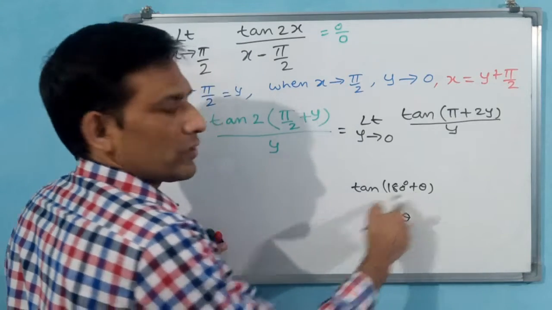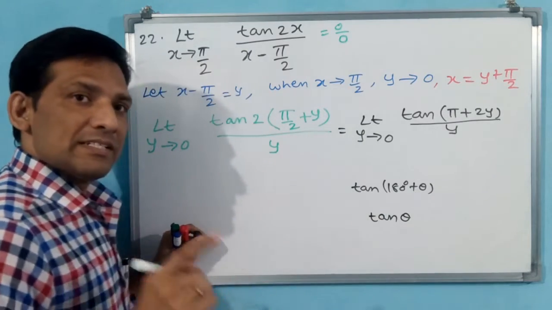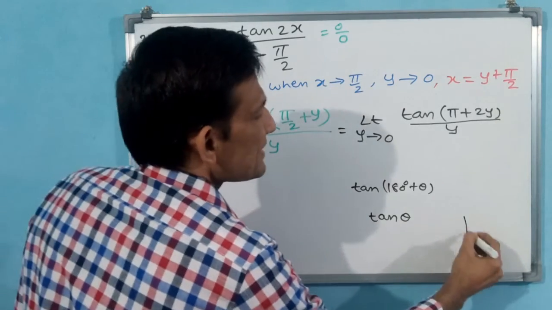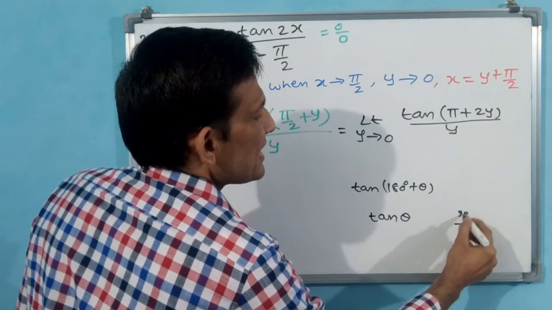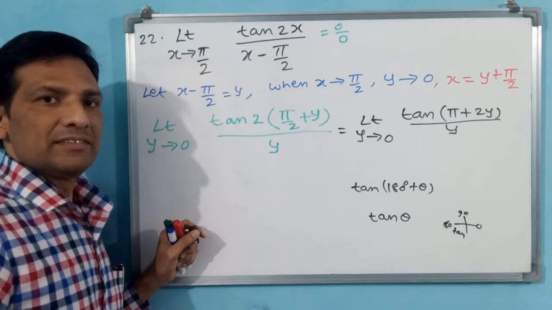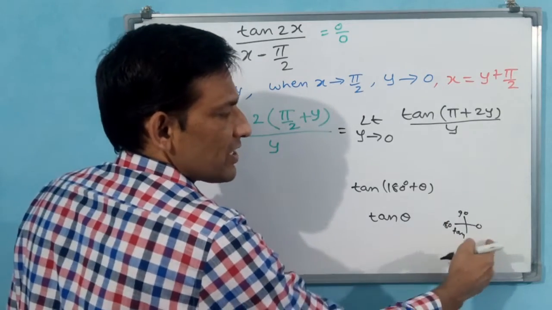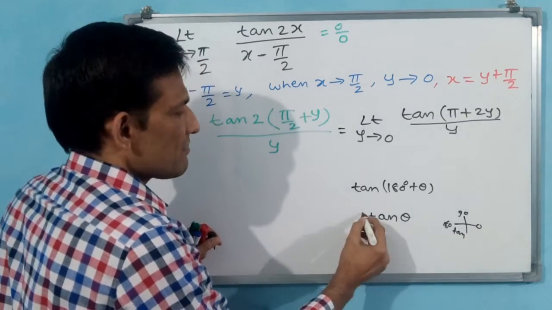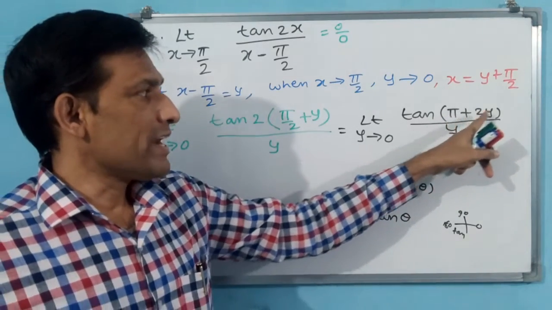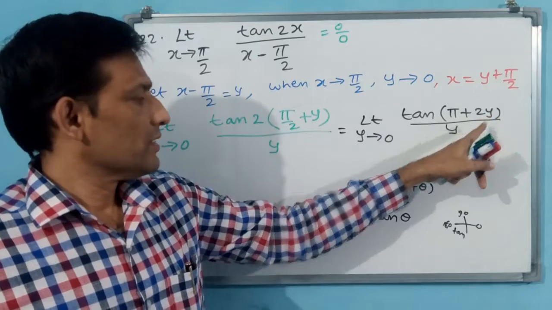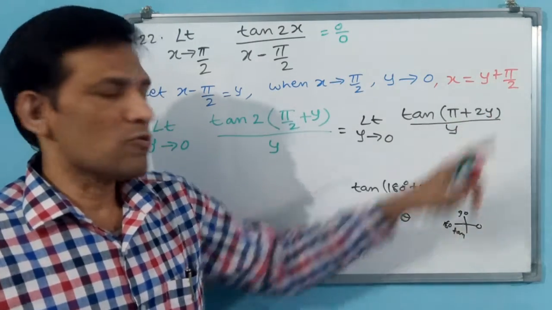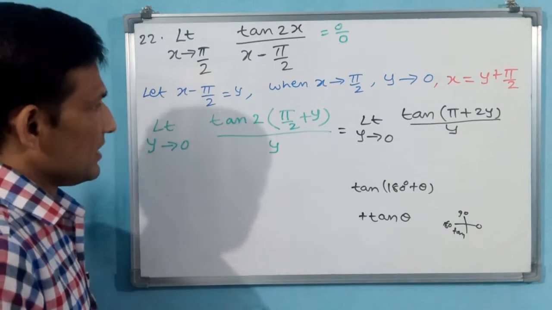But what about the sign, plus or minus? You see 180 plus theta, 0, 90, 180. In 180 plus theta, tan is positive: all, sin, tan, cos. That is why this is plus. That means we can write tan of 180 plus theta, here theta is 2y, is equal to plus tan theta, plus tan 2y. That we can write.